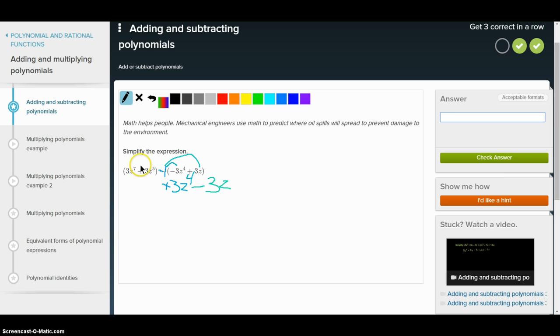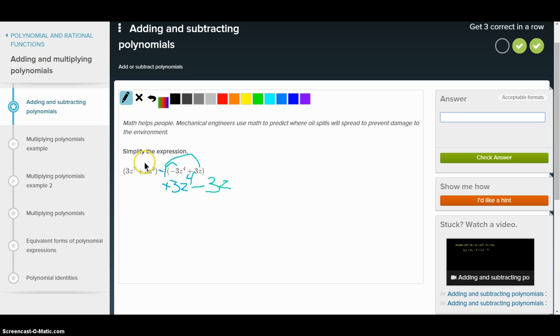Alright, and then we'll just combine these terms right here in the answer box. Our answer is going to be 3z to the 7th, and there's nothing else to combine. Plus 3z to the 5th, and there's nothing else, and then 3z to the 4th, positive, and minus 3z.